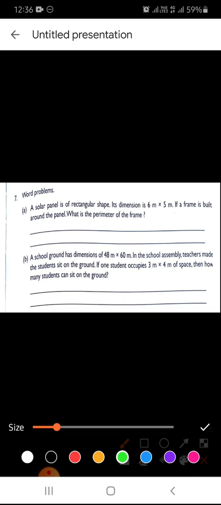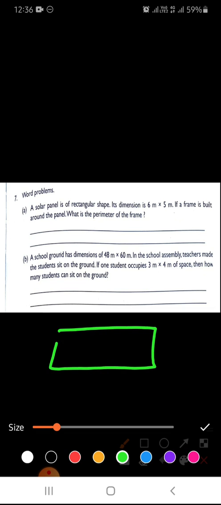So the question is, a solar panel is of rectangular shape. A solar panel is there and it is in rectangular shape. Its dimension is 6 meter multiplied by 5 meters. Dimensions means the length and breadth in case of a rectangle.